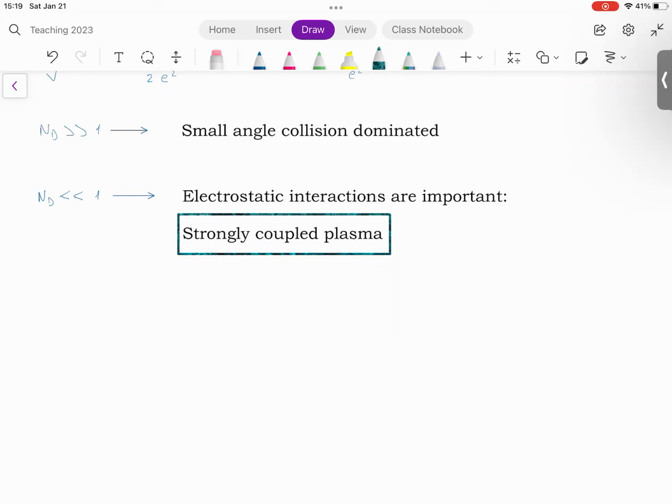This is not going to happen in a fusion plasma because, for one thing, you don't have dust, and for another, the plasma is not strongly coupled in terms of electrostatic interaction.